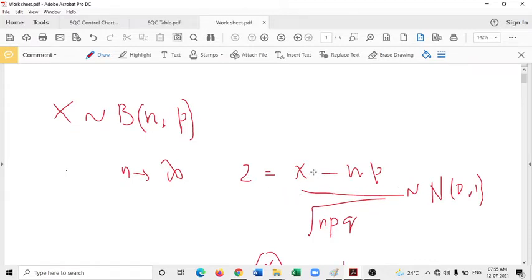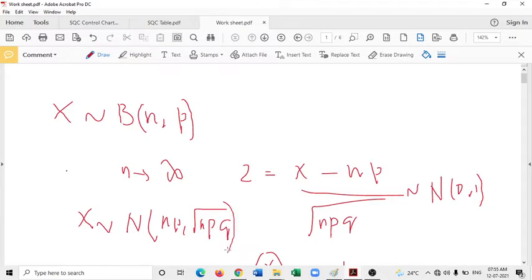Here we note that x minus np by root npq follows N(0,1). X actually follows a binomial distribution, but when n tends to infinity, x minus np by root npq follows N(0,1). Or we can consider x as a normal distribution with mean np and standard deviation root of npq.